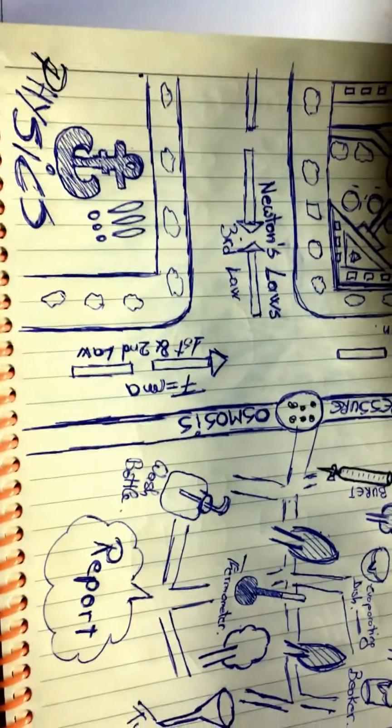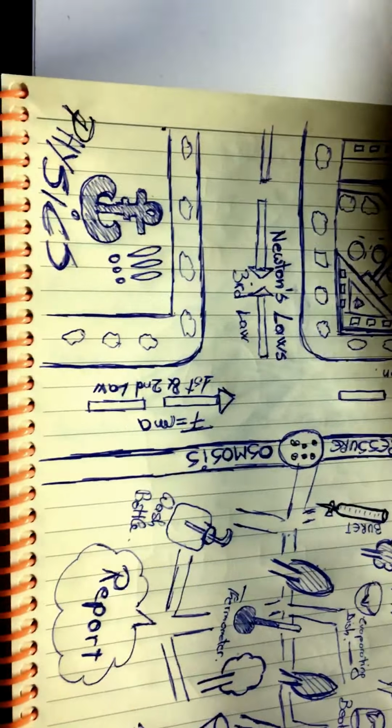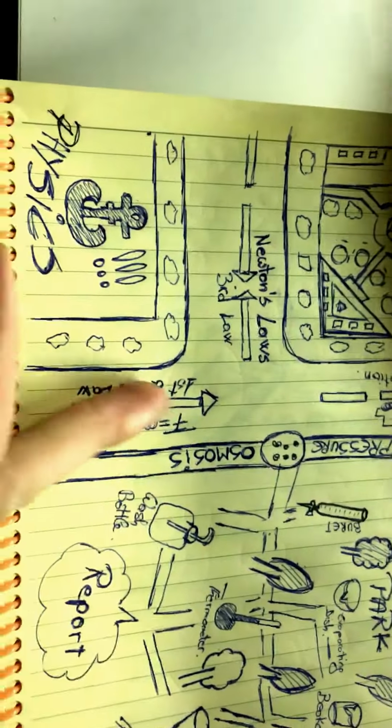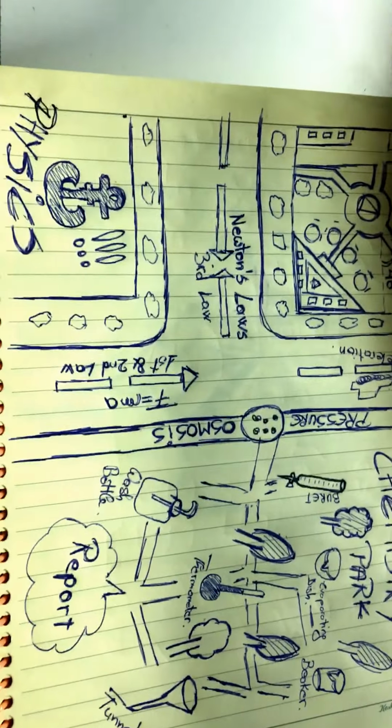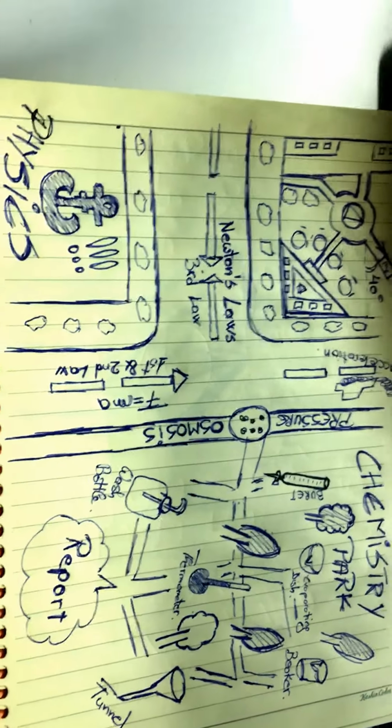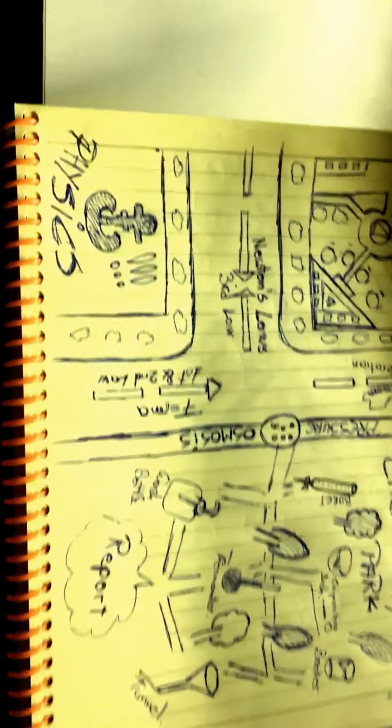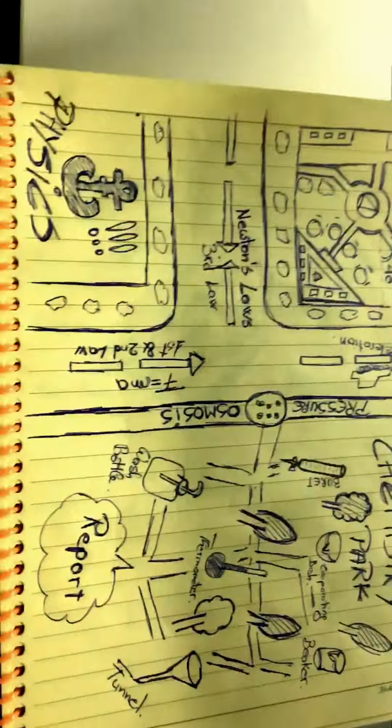Let's go to the physics. You can see that on the left side I made some arrows. I made some arrows that are on opposite sides of each other. What do they mean? They are Newton's laws, of course. I defined them as Newton's laws.